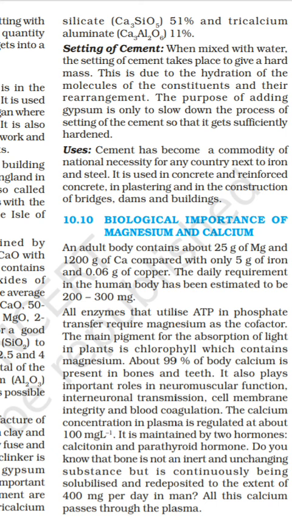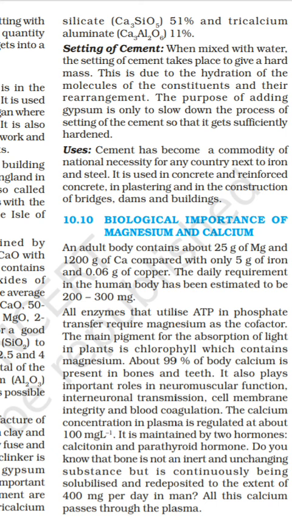When mixed with water, setting of cement takes place to give a hard mass. This is due to hydration of the molecules of the constituents and their rearrangement. The purpose of adding gypsum is only to slow down the process of setting so that the cement gets sufficient hardness. Uses.